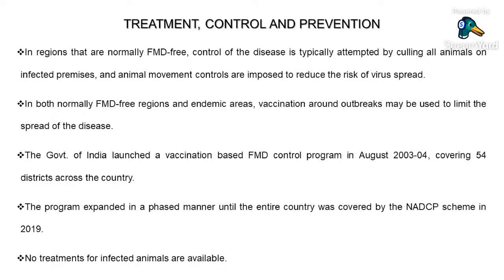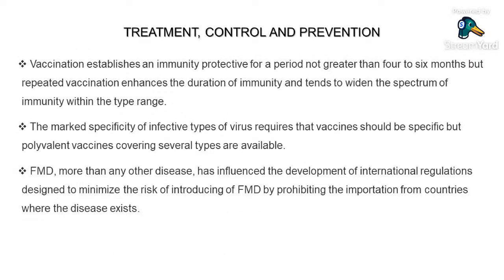No treatments are available, only symptomatic treatment we can give to the animal. Vaccination gives protection only for 4 to 6 months, so we have to give repeated vaccination. Likewise in India we have to give the vaccination twice to the animals.